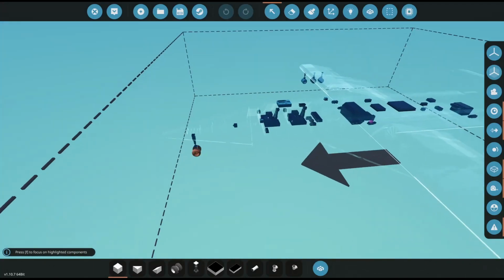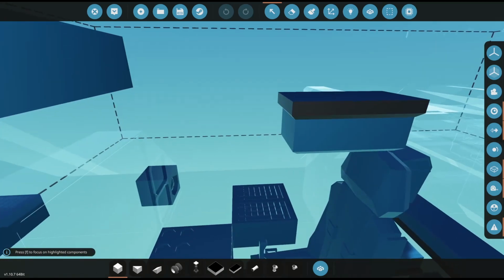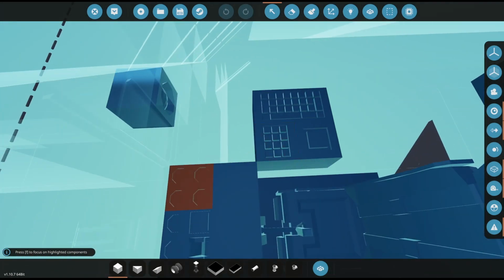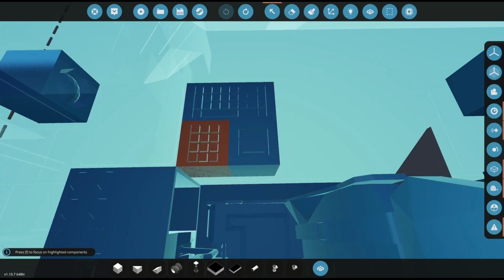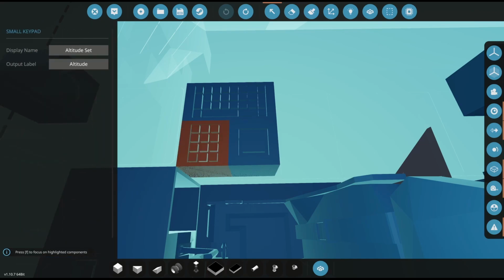I'm gonna rearrange a few things. I might keep all this data here, all this input here. So our range, let's have this be altitude. Altitude set, and activate autopilot. Leaving the system here, we have our altitude set.